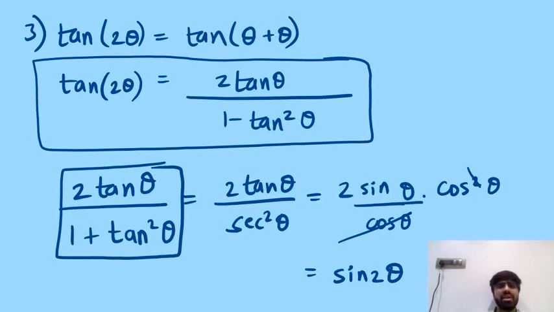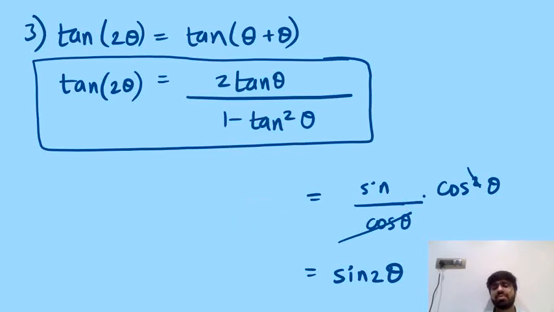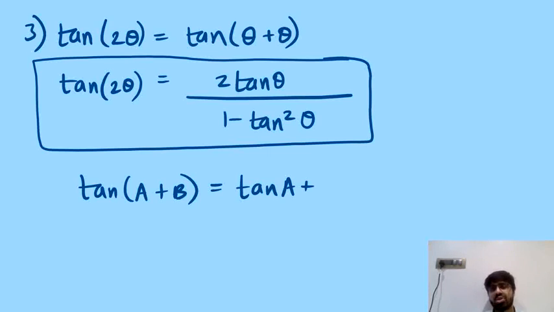Let's go ahead with a similar formula. There was a formula for tan a plus b, right? We have learned it in the last video, that tan a plus b, you can write it as tan a plus tan b upon 1 minus tan a tan b. I'm so sorry. Not tan a plus b, tan 45 plus x.